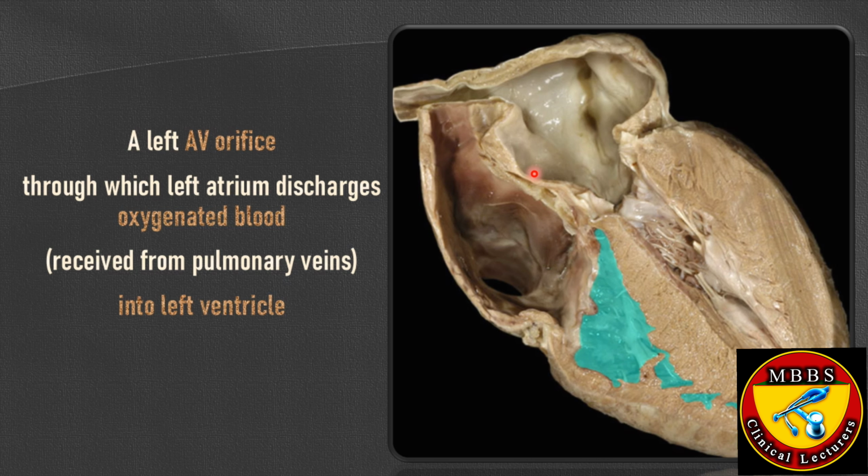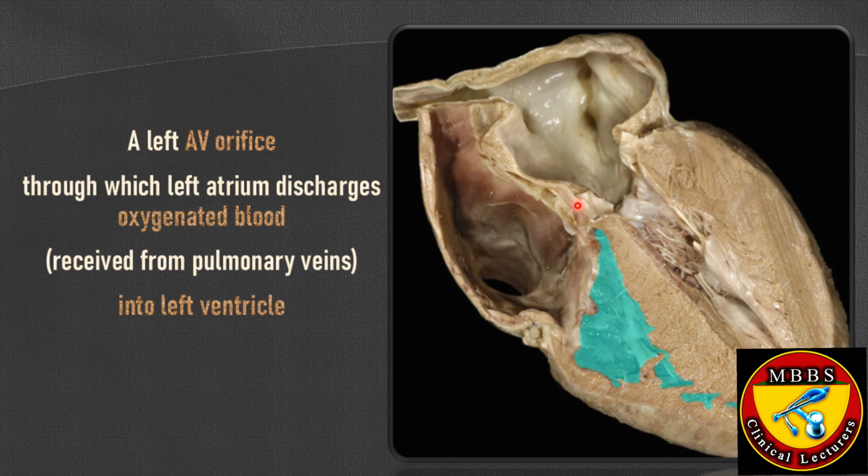Again, a left AV orifice through which the left atrium discharges oxygenated blood into the left ventricle. Now this is the left atrium, which receives blood through the pulmonary veins from the lungs. So this oxygenated blood reaches the left atrium, and then through this left AV orifice, blood enters the left ventricle, and then from the left ventricle it will go up.